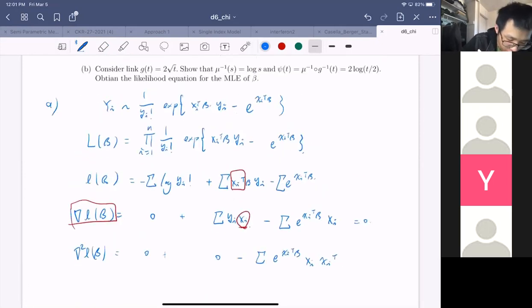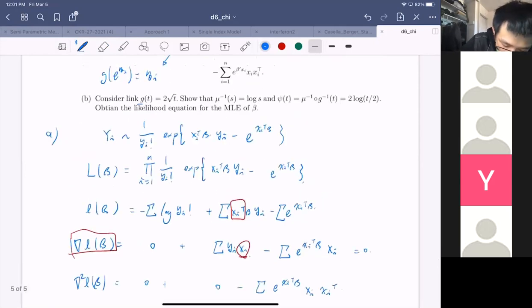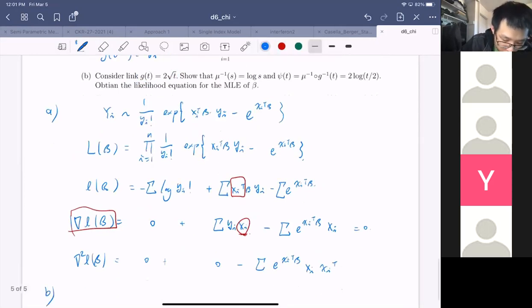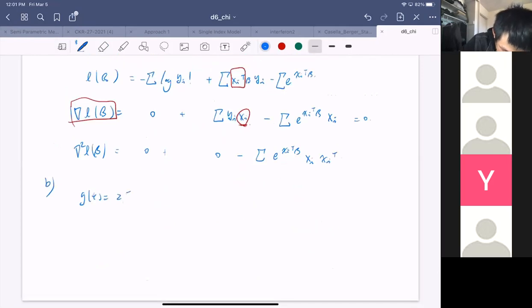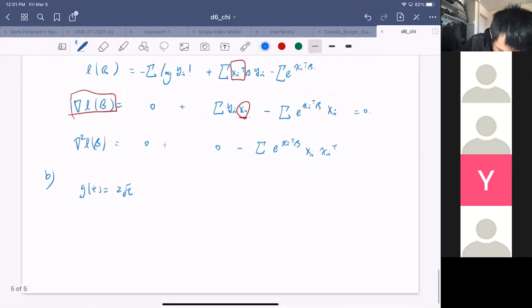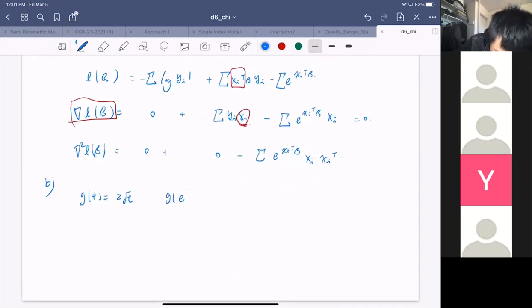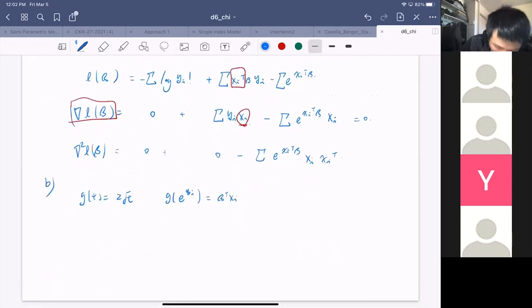This is question A, and also B, just a series of calculations. But you have to be careful that g(t) is not a canonical form. So we have g(t) equal to this. That means we know g of exponential eta i is equal to beta transpose Si.